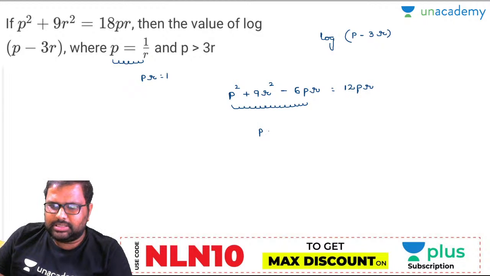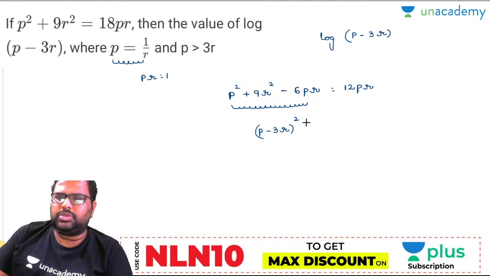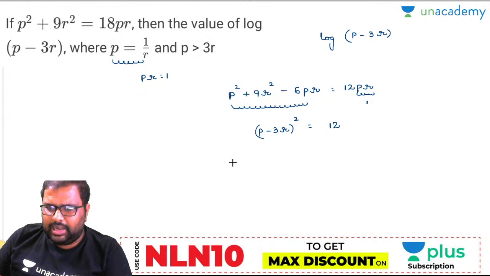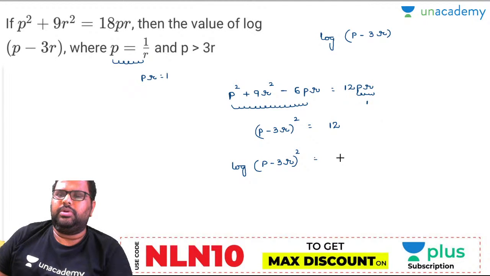Yes, p minus 3r whole square. Am I right or wrong? P minus 3r whole square is equal to, in the place of pr I can substitute 1, this becomes 12. So finally I can add logarithms on both sides. Log p minus 3r whole square, because I want to find log p minus 3r, is equal to log 12.